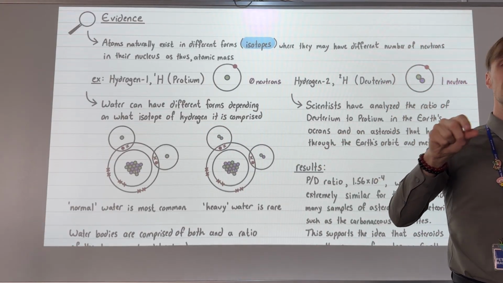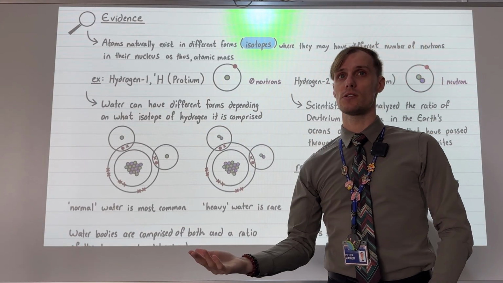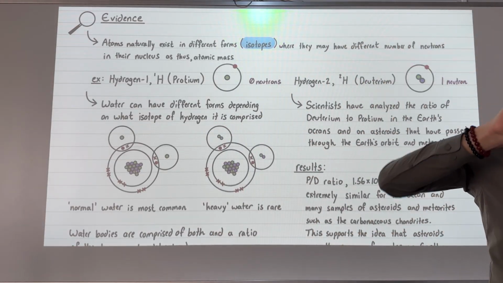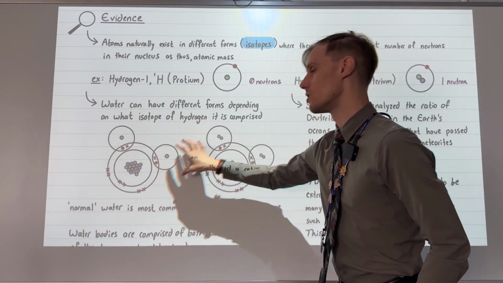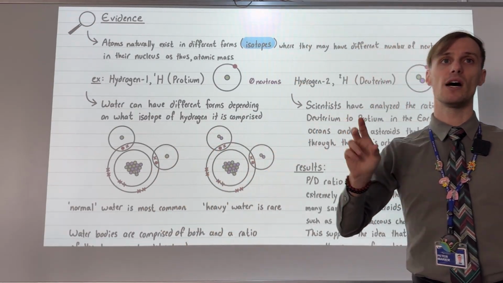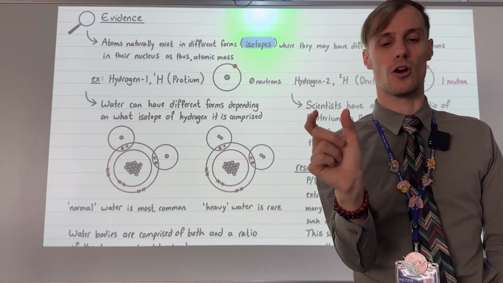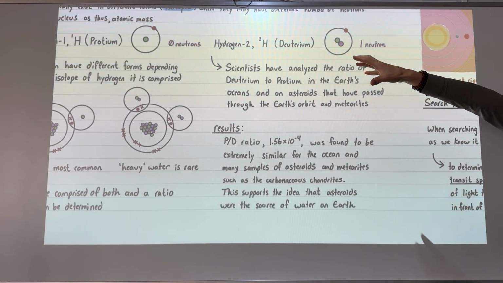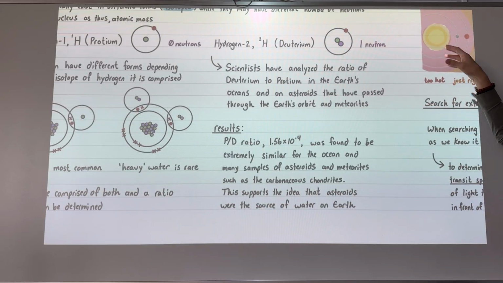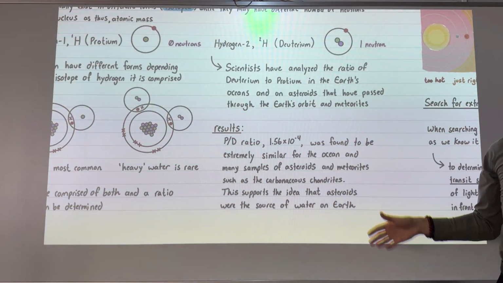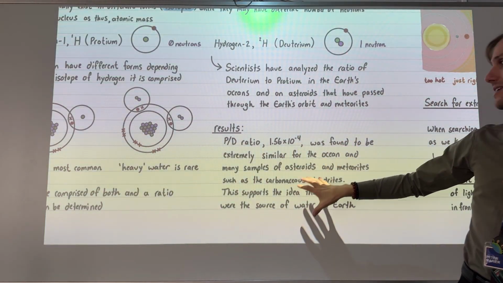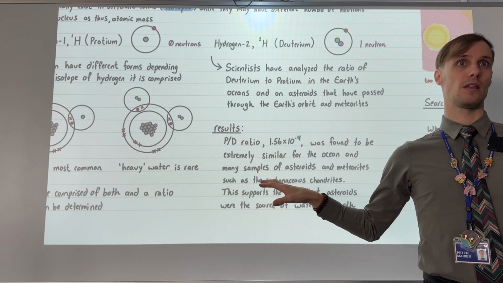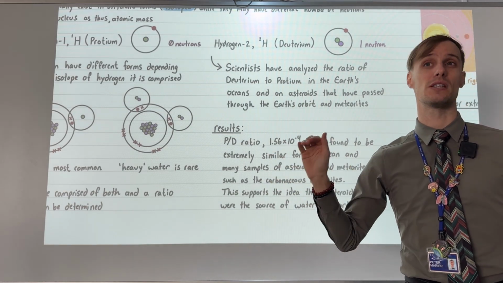So when we did this technique in our oceans, we could determine the ratio of normal water to heavy water. And we compared that naturally occurring ratio to the ratio of normal water to heavy water in these hydrated minerals.